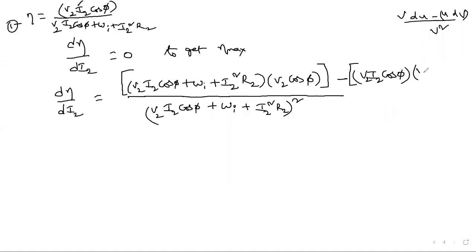Therefore V2 cos phi plus Wi is 0 since it is a constant loss, and I2 square R2. I2 square R2 is like x square. Differentiating with respect to x, it should be 2x, right? So 2 I2 R2. Correct? Understood now, all of you till now?